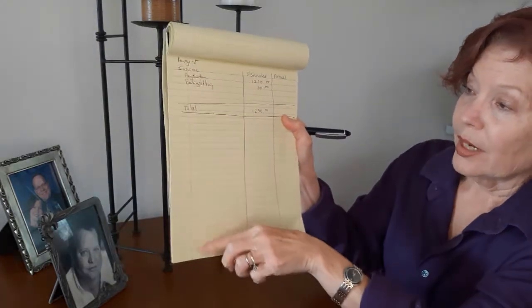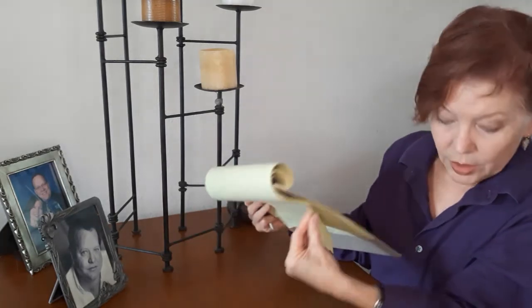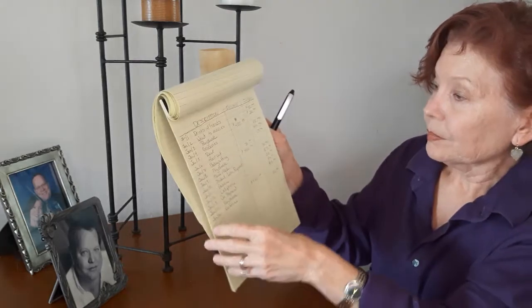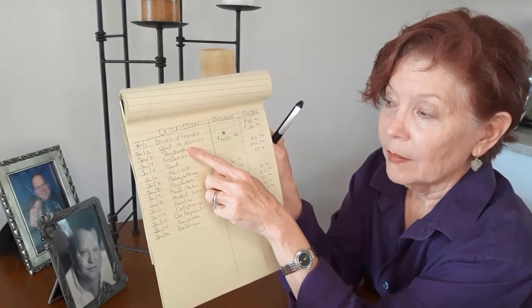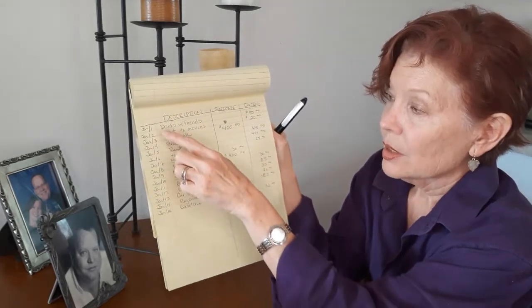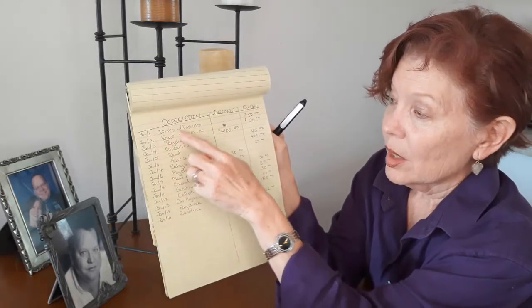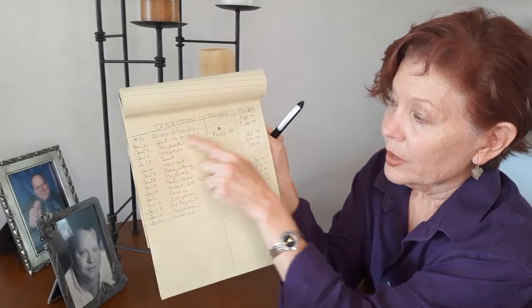Now we're going to put down our expenses. When we do our expenses now, we're going to group them in categories. So we have drinks with friends, that's entertainment, and went to movies.